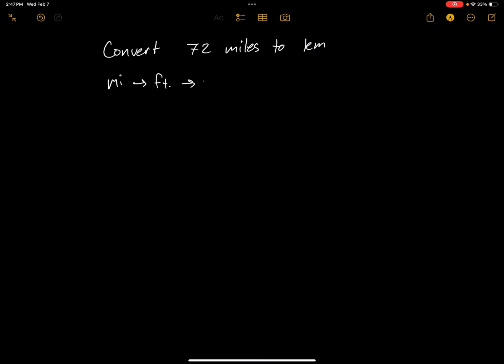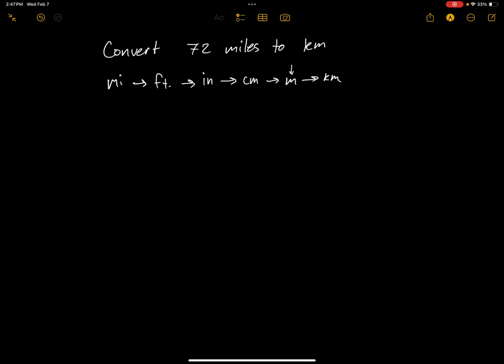Then from feet to inches, because I know how many inches there are in a foot. Then from inches to centimeters, because for some reason that's a piece of information that exists in my brain. Then from centimeters to meters, because meters in the metric system is the home base. And then from meters, I'll go to kilometers.